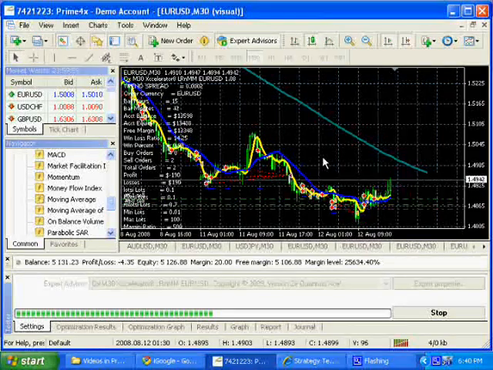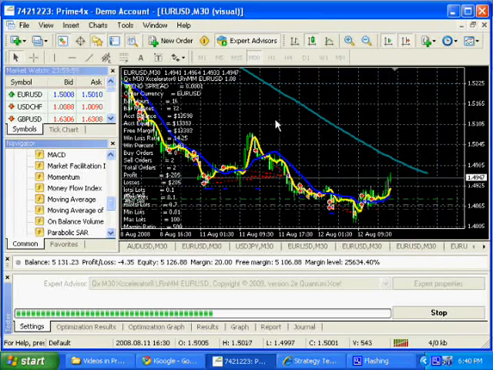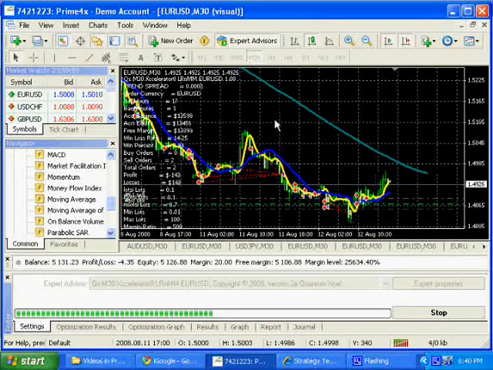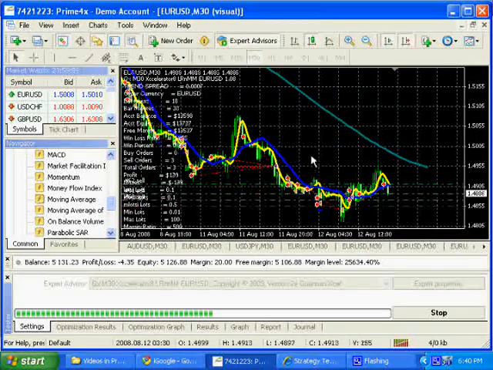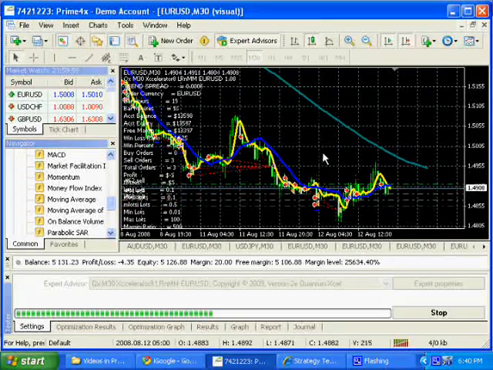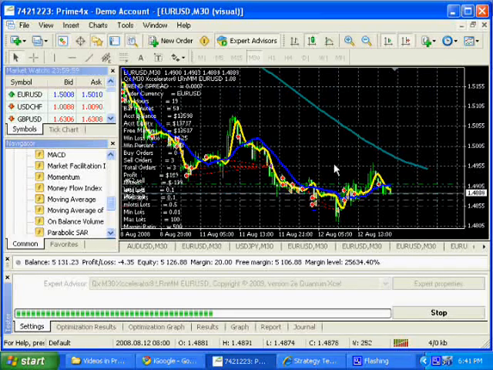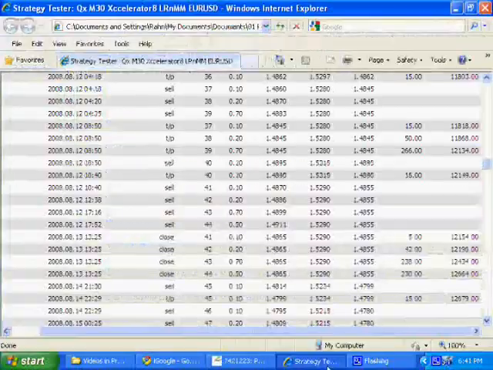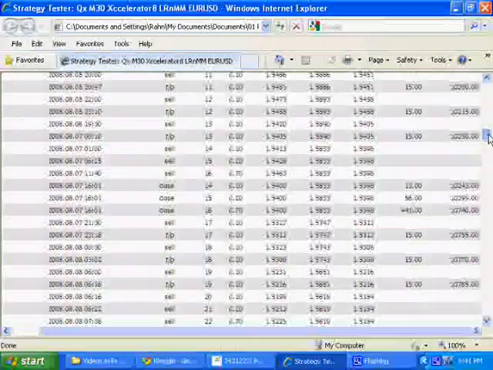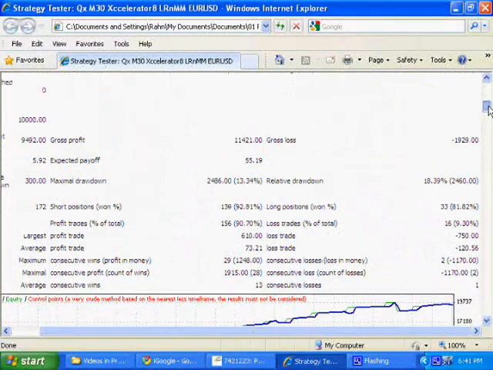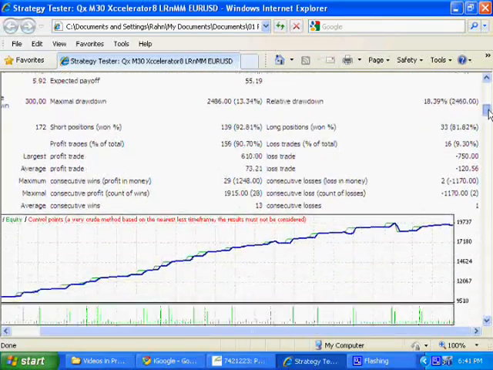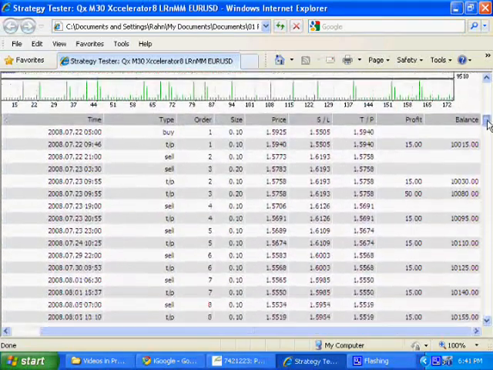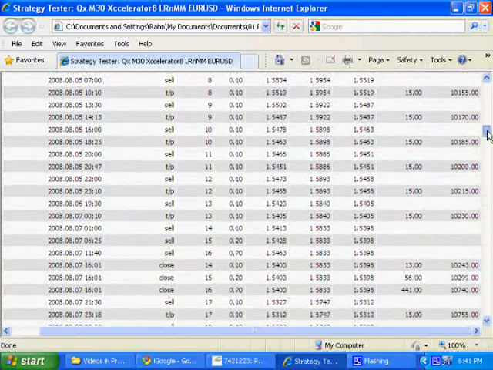This expert is in an initial optimization state, so we're playing with this on various currencies to see where we're going to come out the best. But the overall results we saw from this test here was 100% profit in 2 months, which is probably kind of nominal on this expert, and much better than what the other type scalpers are doing.